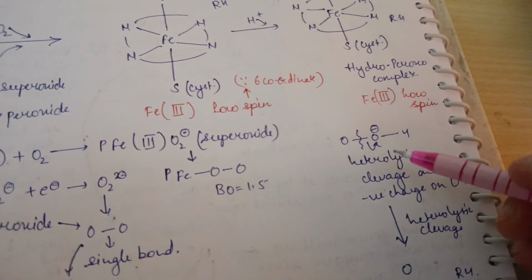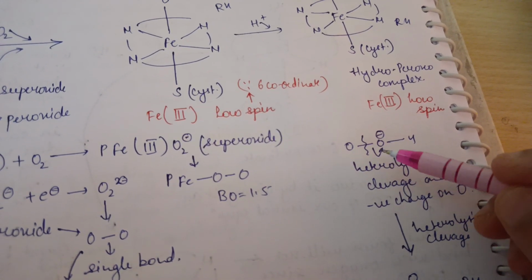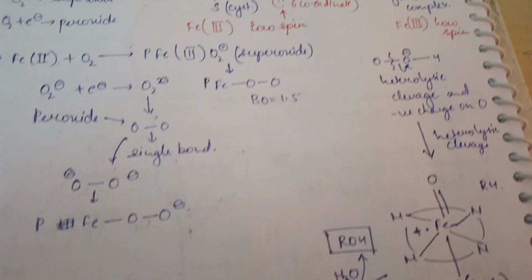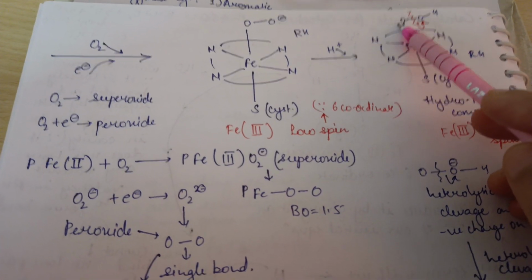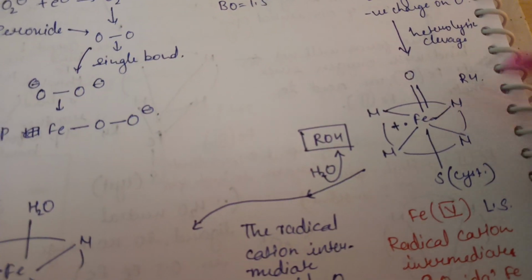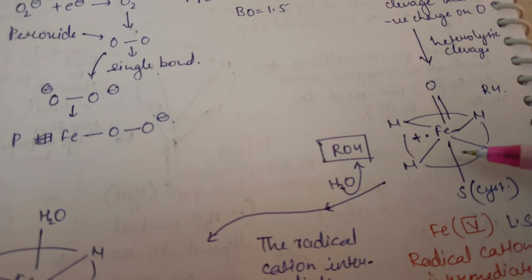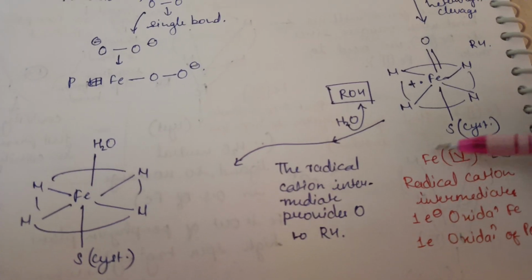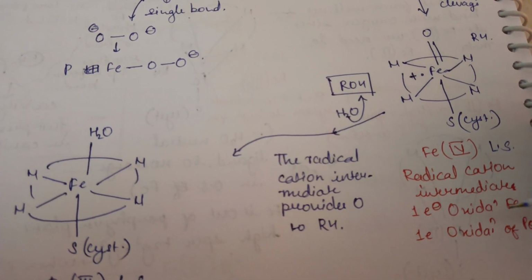In the heterolytic cleavage, this entire thing will move, electrons will move to here, and the cleavage takes place. After the heterolytic cleavage, this oxygen will still remain here. Now that will form a double bond with iron, as we can see here. Oxygen is double bonded to the iron center, and here we will see that a radical cation intermediate is formed.